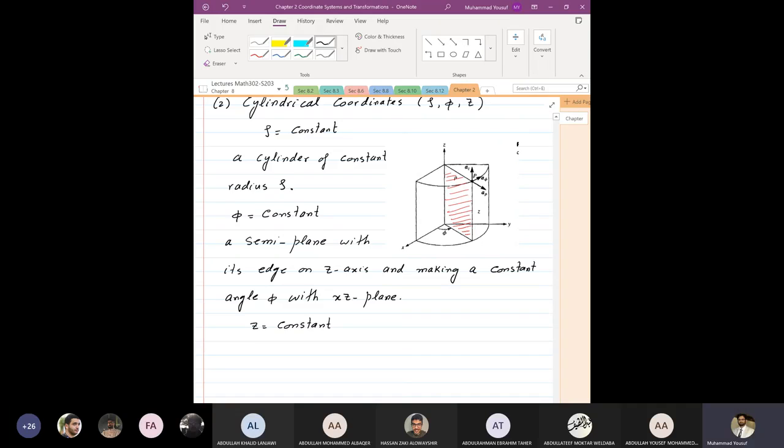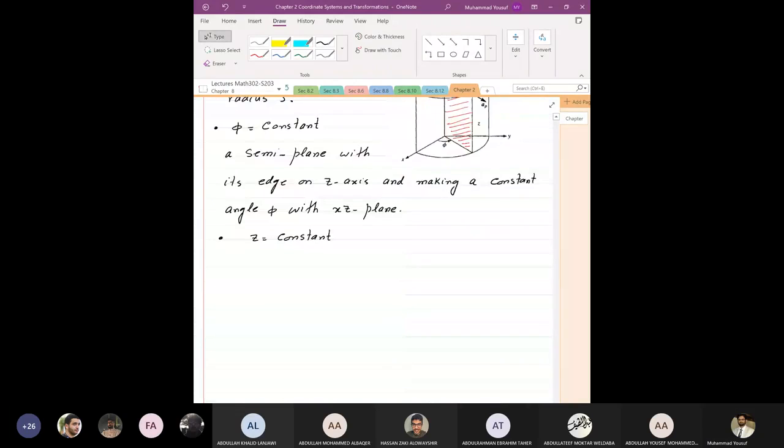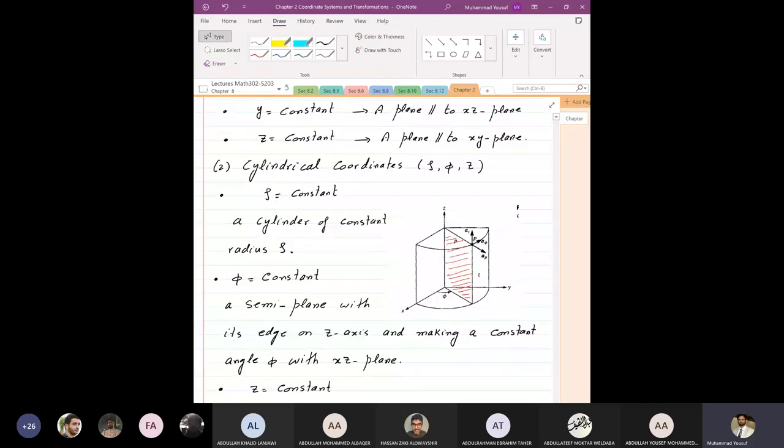Now, number 3 is z equal to constant. It means we are not going up or down. Rho can be small or big. Phi can be any angle between 0 and 2 pi. But we are not going up or down. So what do you think this will be?